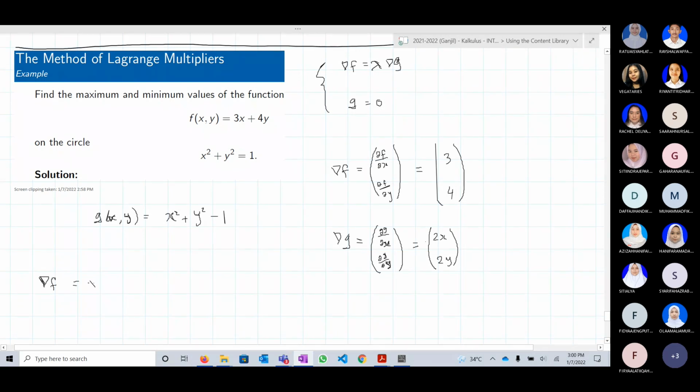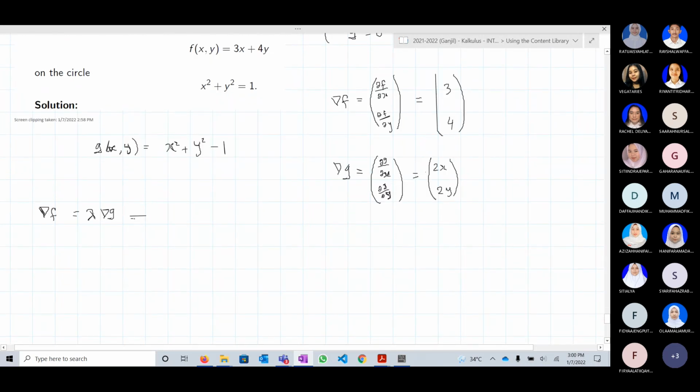So in this case, we want to make grad f equals to lambda grad g. So in this case, we have that 3, 4 is equal to lambda times 2x, 2y, which is equal to 2 lambda x and 2 lambda y.